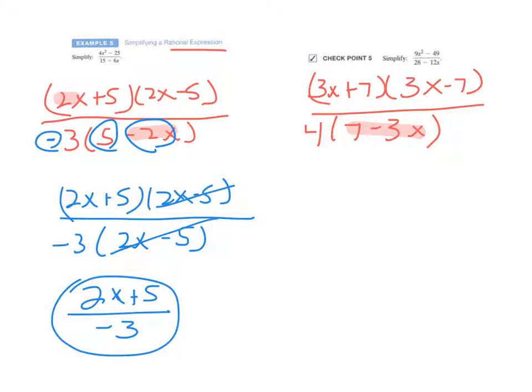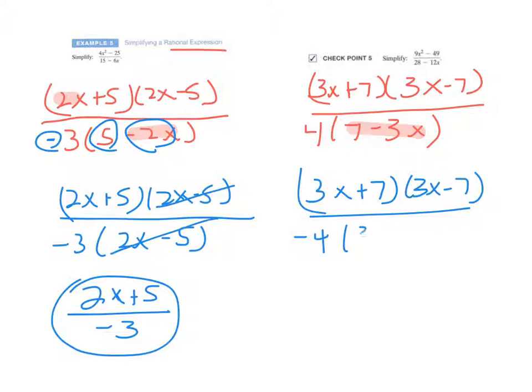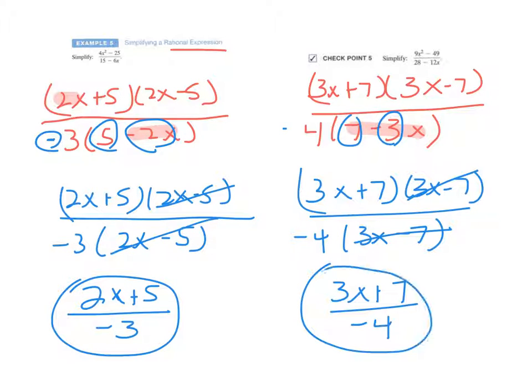So all I'm going to do, and do it in blue here, is rewrite my denominator. There's my numerator. My denominator with a negative 4 on the outside. So that becomes a positive 3x minus 7. So I just changed the signs of each of these with a negative out here. Now I can see what's the same, which cancels out those two, which leaves me 3x plus 7 over negative 4. And there's my simplified version.